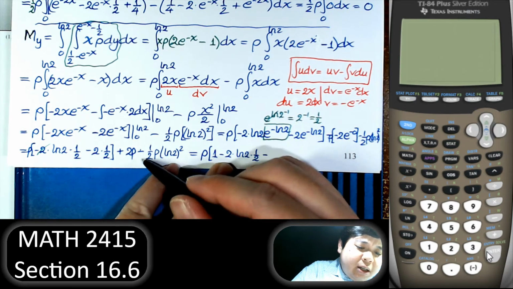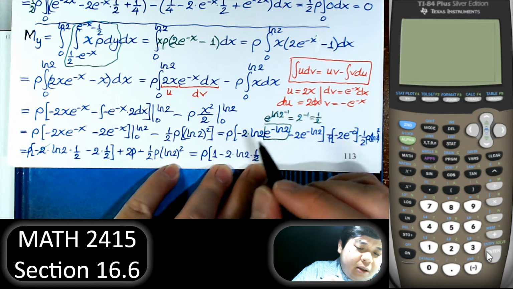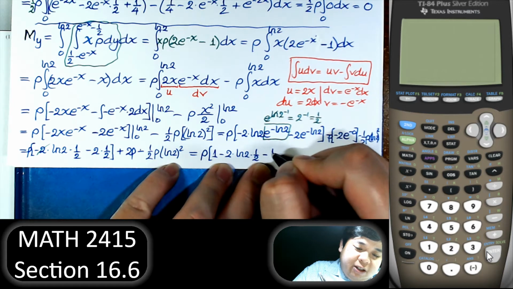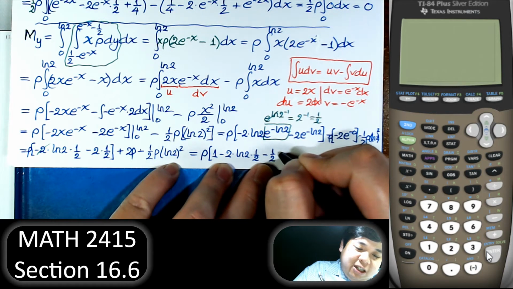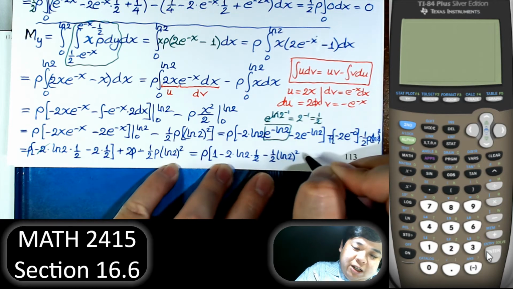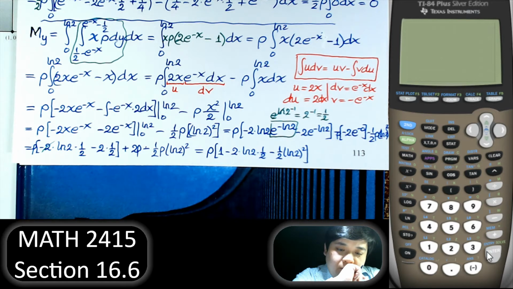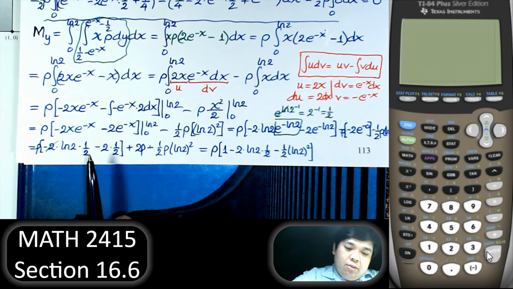And that's subtract 1/2 ln of 2 square. Right.